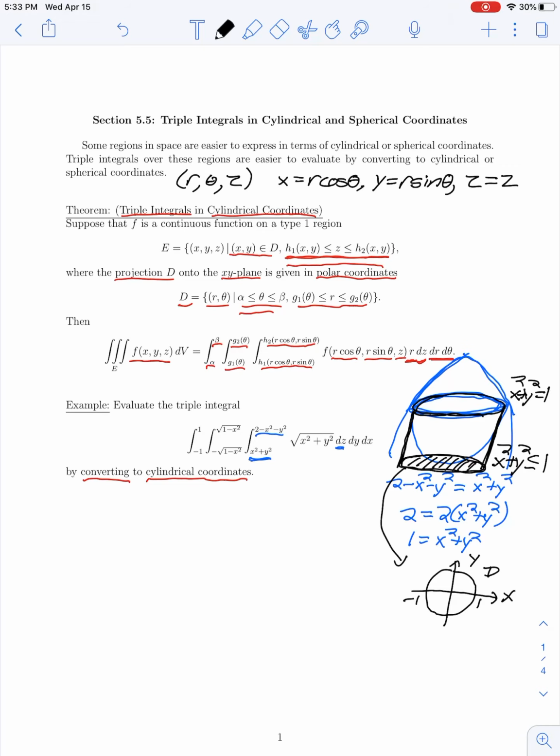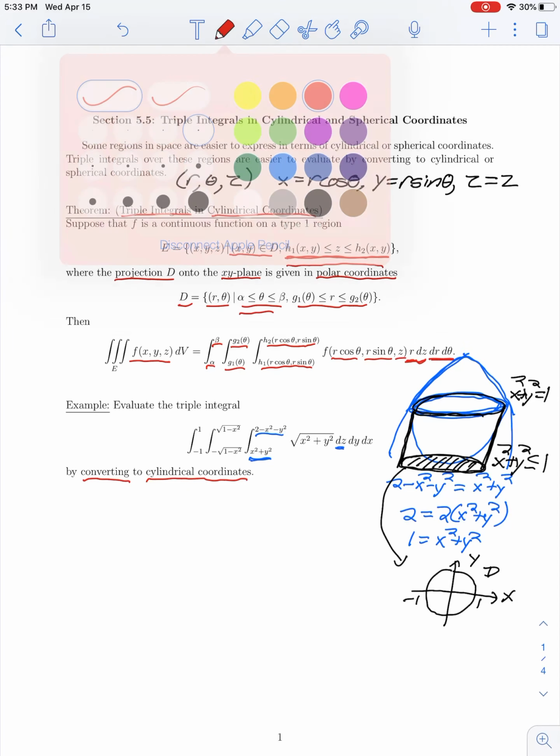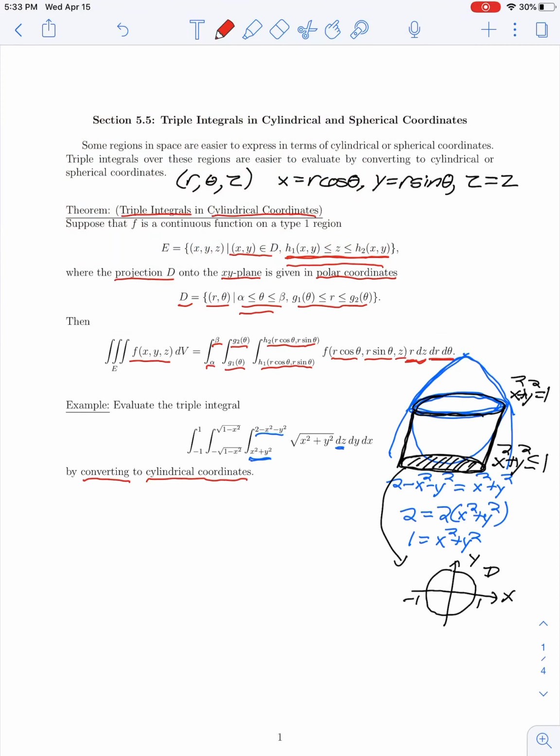Looking at our limits of integration for y, with respect to y we're bounded below and above by the negative and positive square root of 1 minus x squared. That's referring to the lower half of the circle for the negative square root value and the upper half circle for the positive.